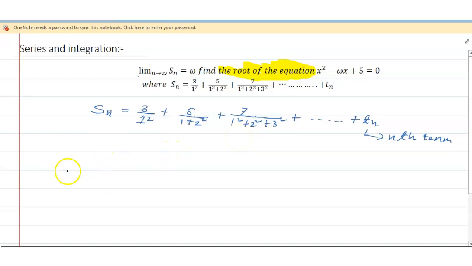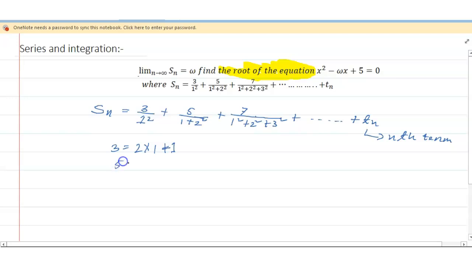Let's start to solve this problem. So friends, whatever you see, 3 can be written as 2 into 1 plus 1, it is 3. I hope it is clear for everyone.